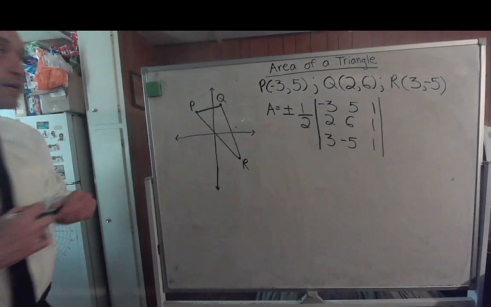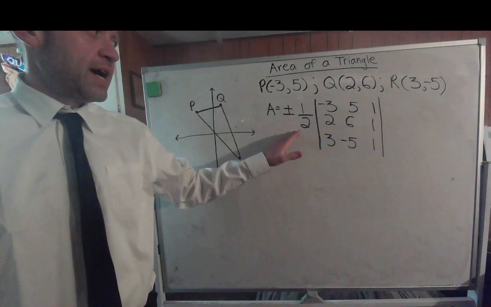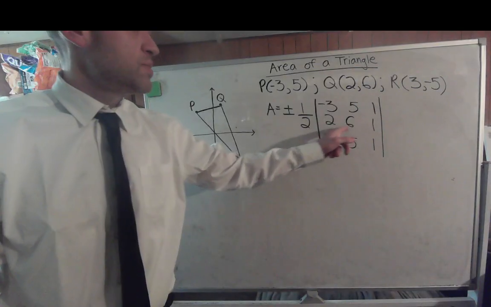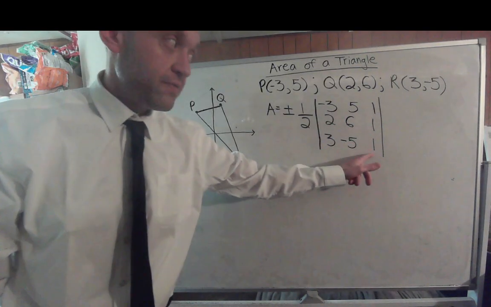So the area equals plus or minus 1/2 times the determinant of -3, 5, 1, 2, 6, 1, 3, -5, and 1.